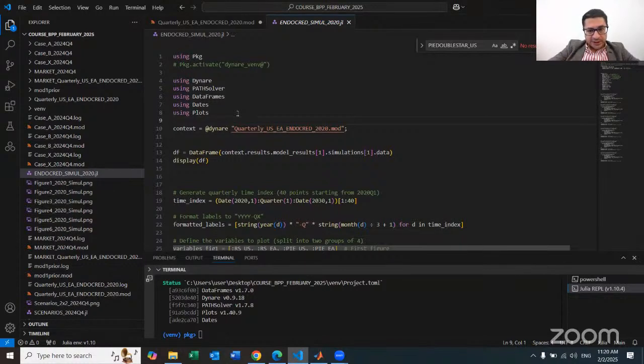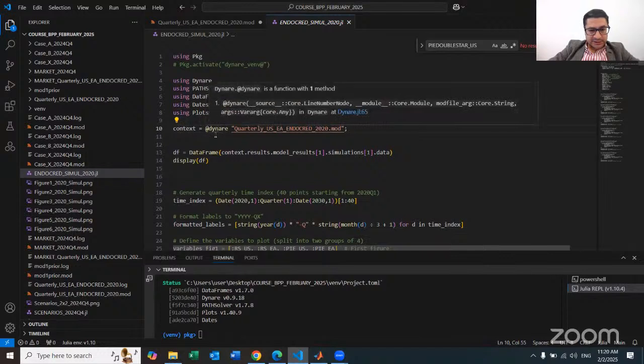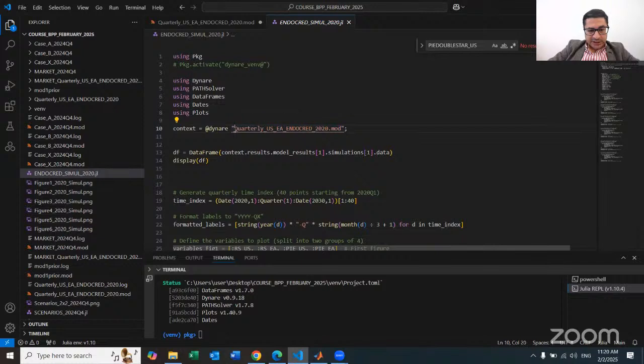Now the way to run the Dynare code is the following. context equals @dynare and the name of your model. It should exactly match the name of the model, which is quarterly US domain.mod. If you forgot this, don't worry.